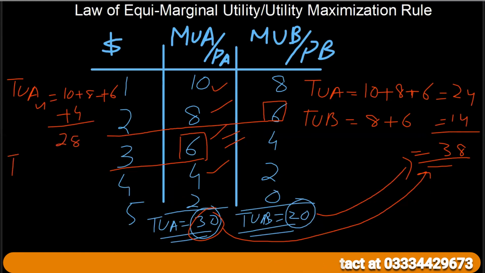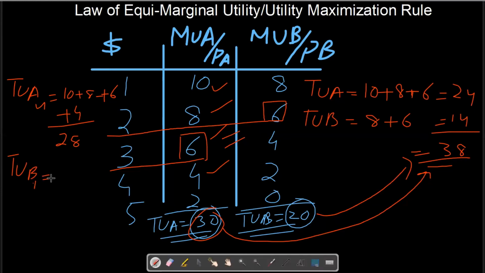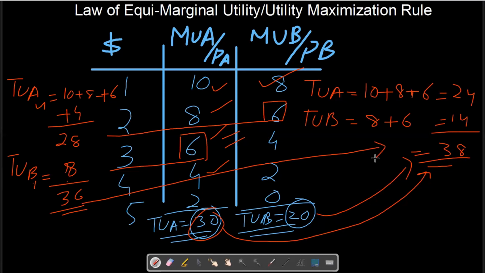And now he has only $1 to spend on product B. So his total utility from product B by spending only $1 is 8 units. If we add 8 and 28, then his total utility is 36. So again, it is less than 38 units. From this table, we prove that there is no other way to get satisfaction more than 38 units. The only combination which maximizes his utility is spending $3 on product A and $2 on product B.